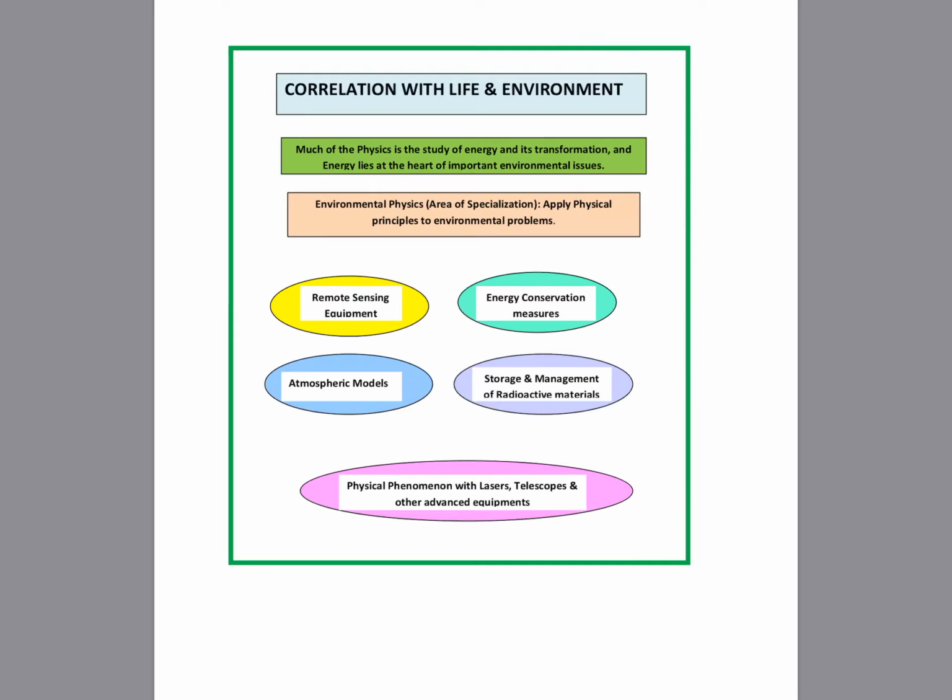And in the next lesson, part B, we will be covering the last two objectives of this particular module, that is, the nature of physics and its relationship with other disciplines.